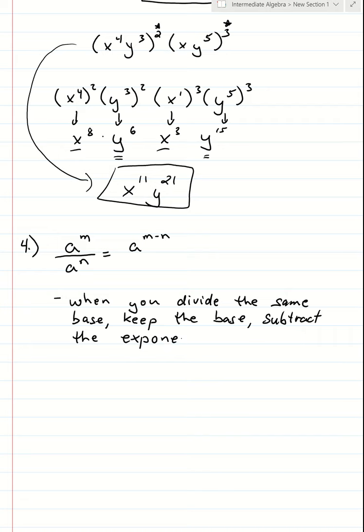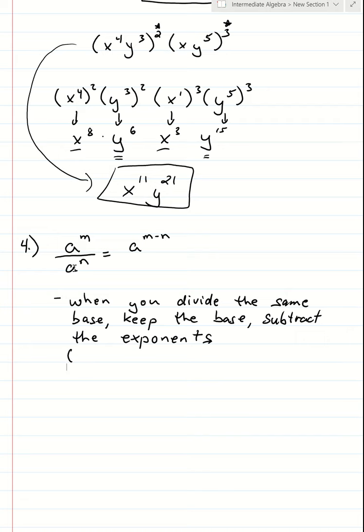You may recall from the first law that when we were multiplying the bases, you added the exponents. Here now, when you divide the same base, you're still going to keep that base and you're going to subtract the exponents. Now, when we are doing this one, a few things to keep in mind.